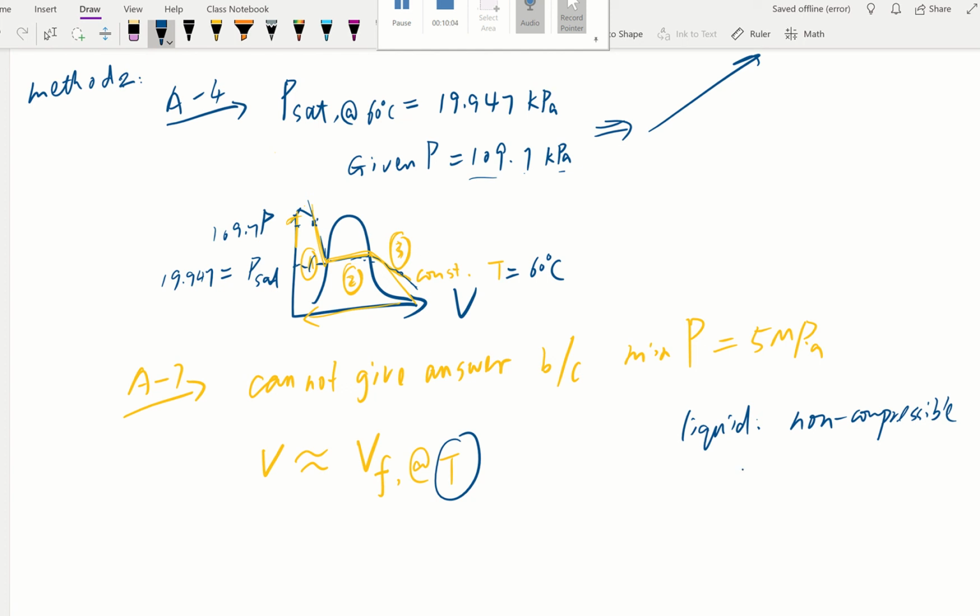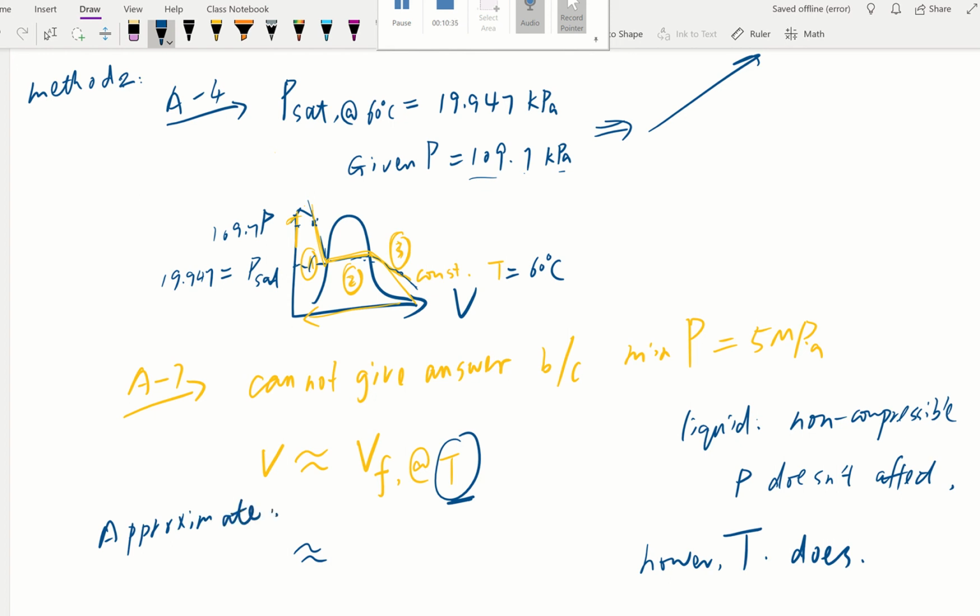In other words, pressure does not affect it. However, which one affects it? Temperature does. In other words, we're going to use temperature to approximate. So that's the topic we're getting into.